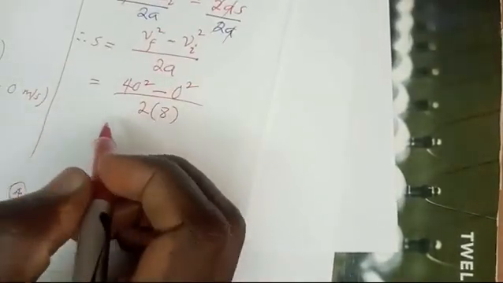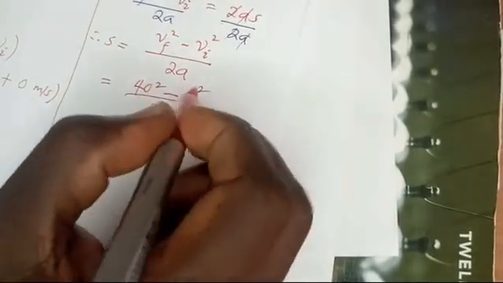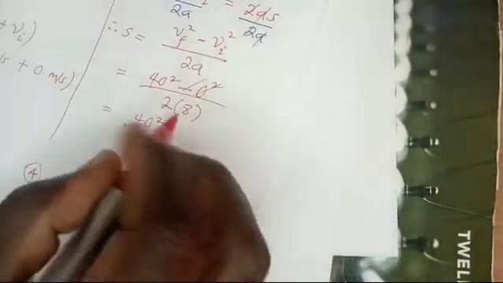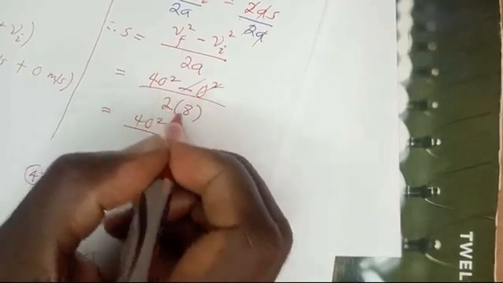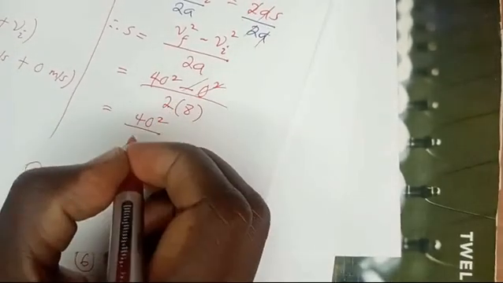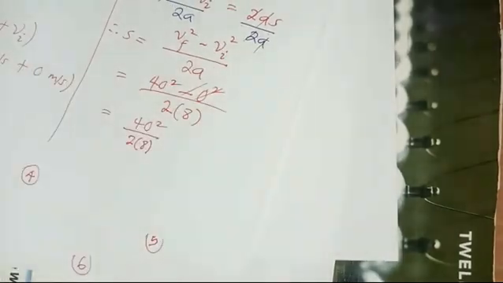Since this one is 0, it will vanish. So I only have 40 squared divided by, in the denominator, 2 times 8, and this will give you 16. But because I know some will be confused, I will just leave it like that.